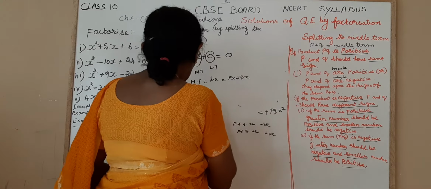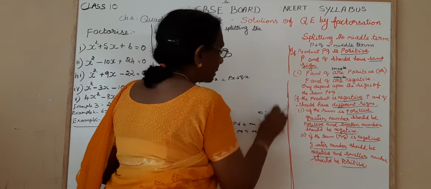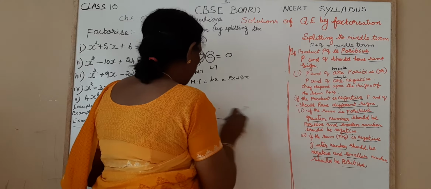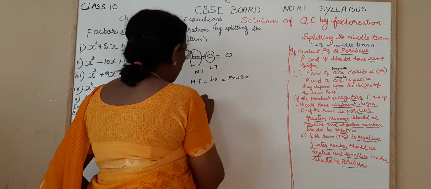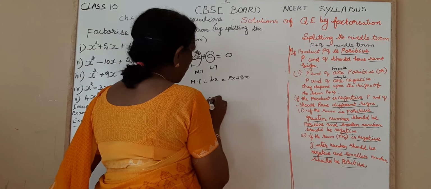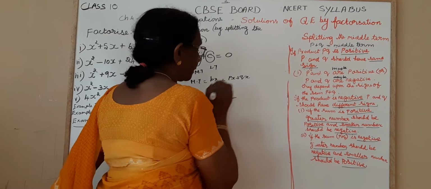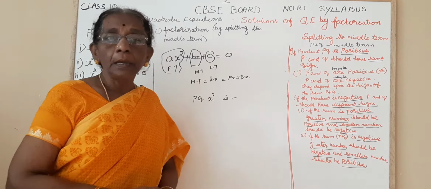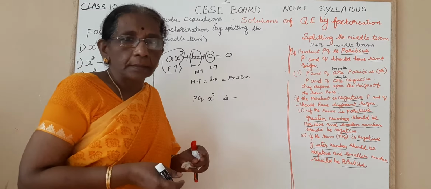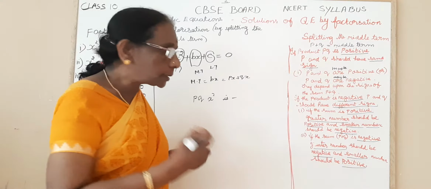the situation when PQ is negative. Okay, now PQx square is negative. What are the possibilities? So when you multiply opposite signs, you will get negative, isn't it?